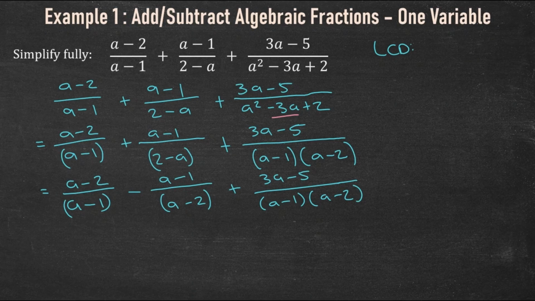And the way we are going to do it is by looking at each denominator, and then we're going to find a unique denominator and add it to the LCD. Let me show you. Here we have a minus 1. So this a minus 1 is our first unique denominator. So I'm going to add it to my LCD, a minus 1. Now let's have a look at the second denominator.